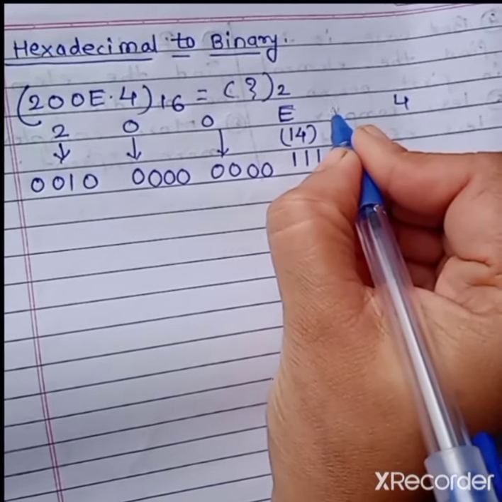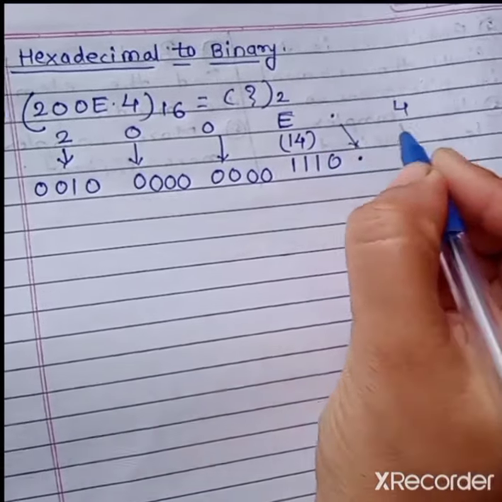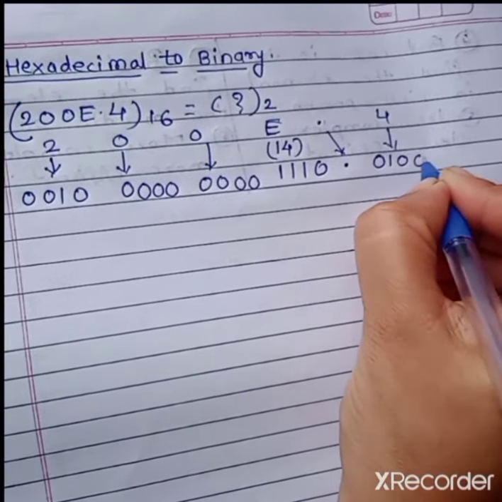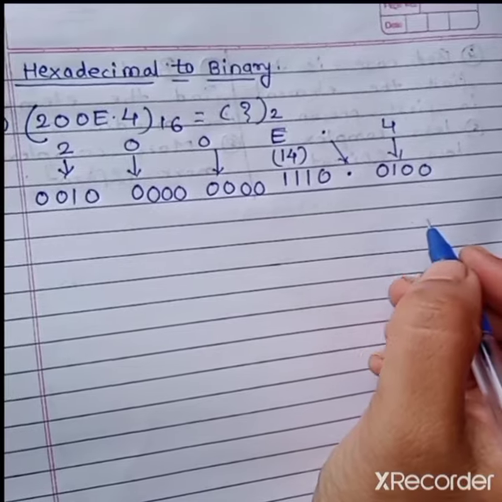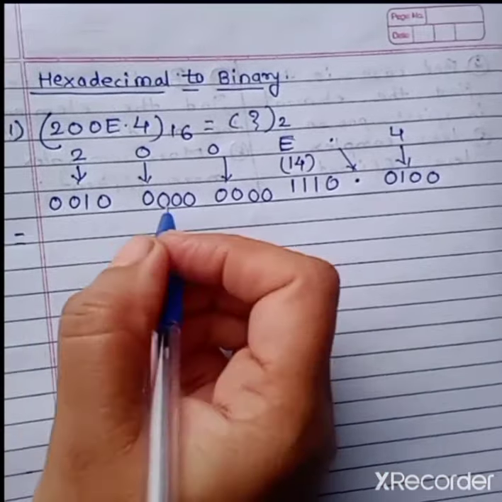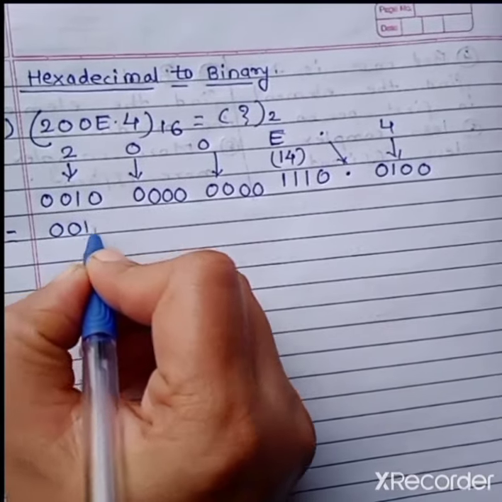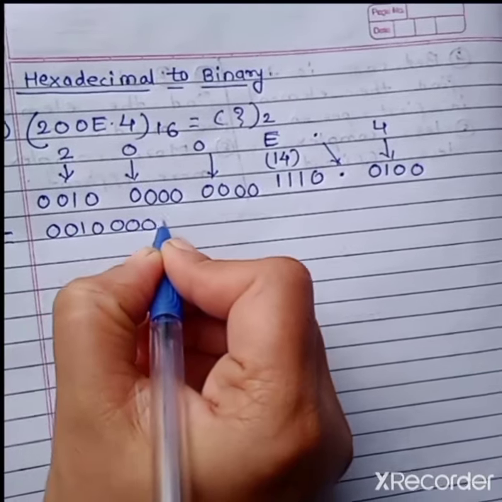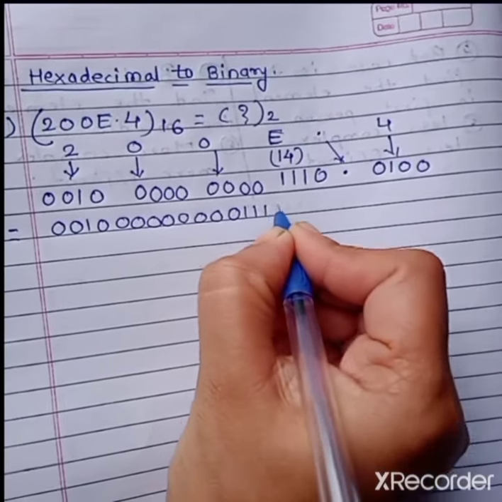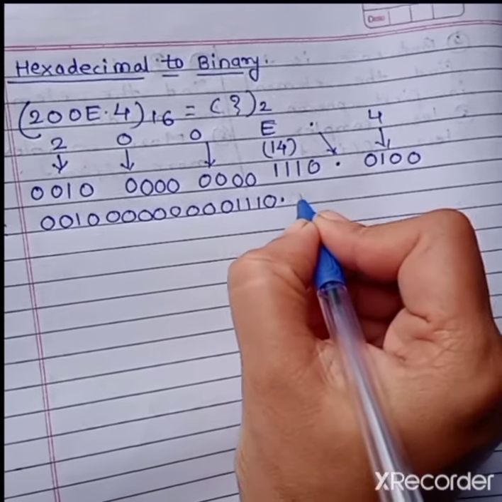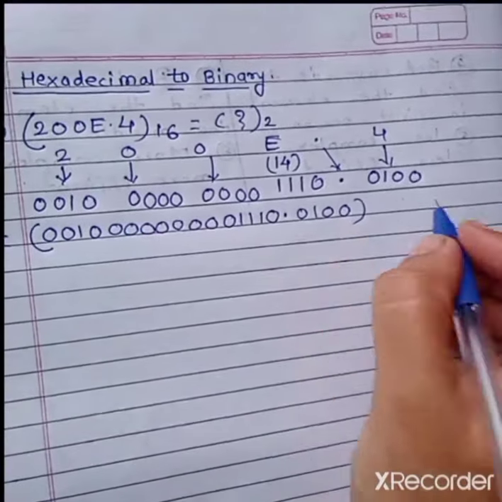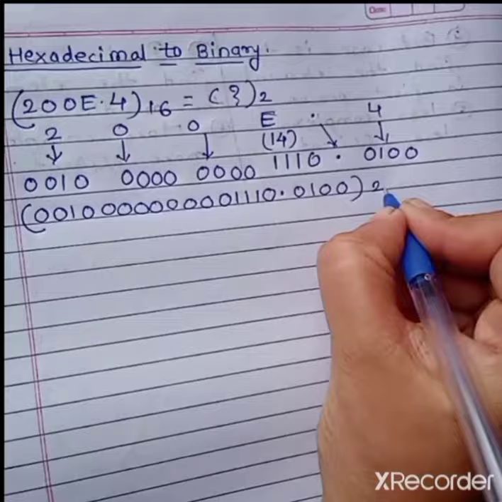Here our radix point will remain as it is, and 4 is converted into 4-bit binary like 0100. Now we have to write all this series together, that is 0010, 4 times 0, again 4 times 0, then 1110.0100. So this is the binary number.